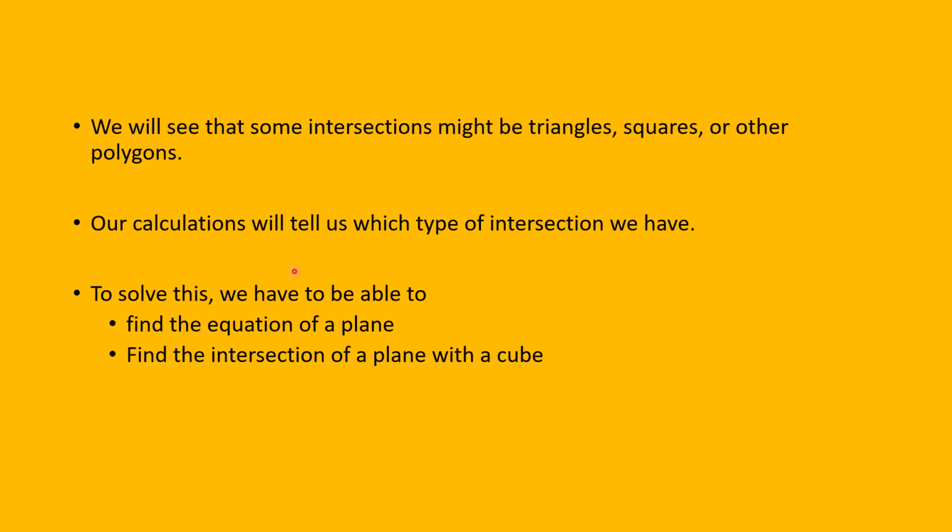So what we need to do to solve this problem mathematically is first to be able to find the equation of a plane. We'll review that. We've seen planes in other videos in this series. And secondly, find the intersection of a plane with that cube.